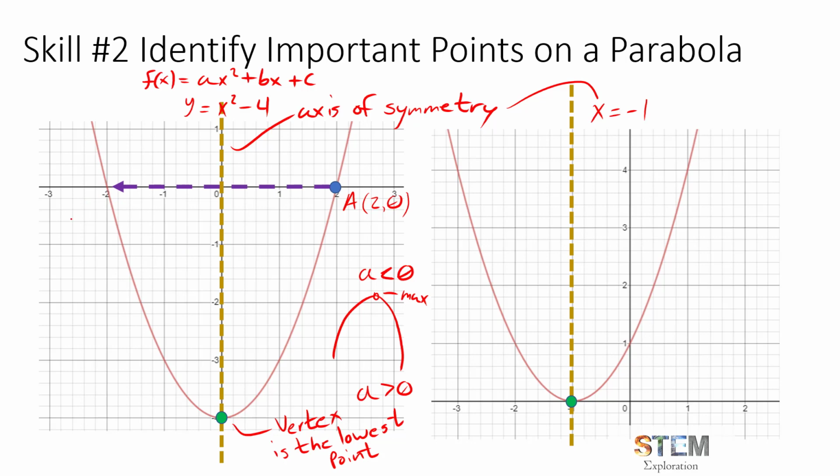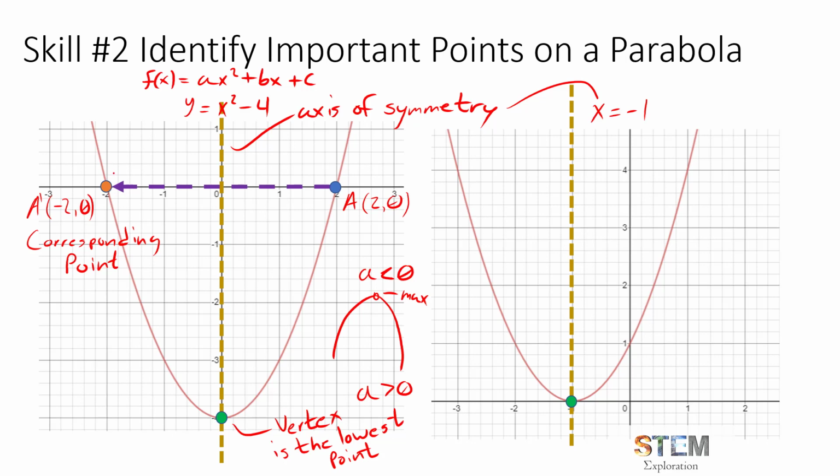And on the other side, we can have A prime, let's call it, the corresponding point of -2, 0, which will be indicated by this orange dot here. And the thing that you should notice is that corresponding points have an equal magnitude from the axis of symmetry when the y value is the same.